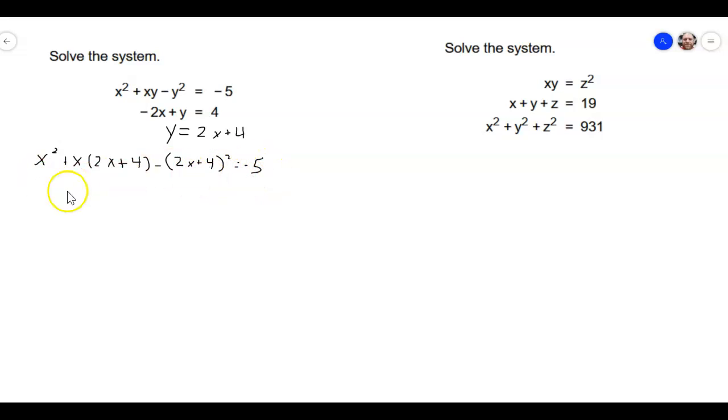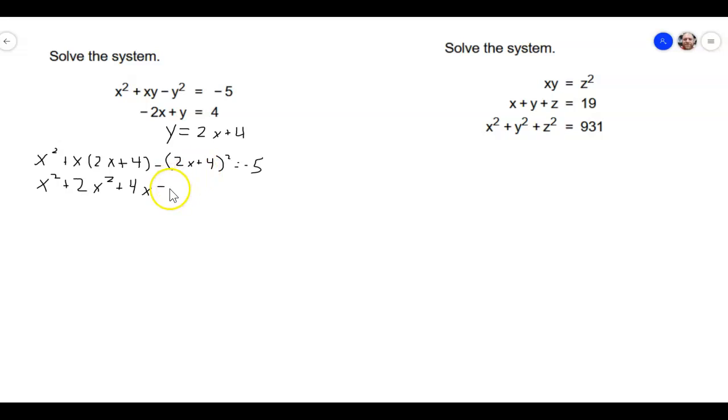Alright, so now going through here, I have x squared plus, we're going to distribute that x through, so that is 2x squared plus 4x. And then I'm going to FOIL out this 2x plus 4 times 2x plus 4. I could do that off to the side. That's a good exercise for you to do, but I've done those enough to do a binomial squared.